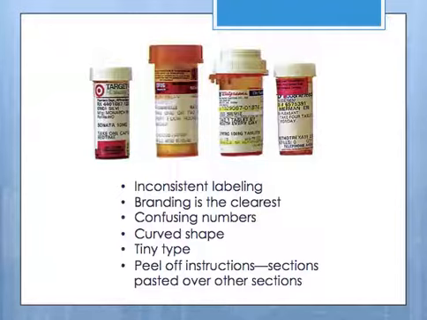There's also tiny type. Anyone who needs glasses or doesn't see well is going to have trouble reading the prescription name, the dosage, the directions. These are very important pieces of information. Also, there are pill-off instructions. This makes it hard. Again, you have to be nimble to do that if you've just had a surgery, if you are older, if you have arthritis. For all these reasons, these pill-off instructions that are over the other instructions are going to be difficult to get to.